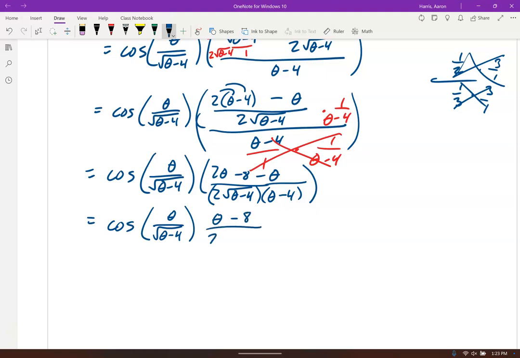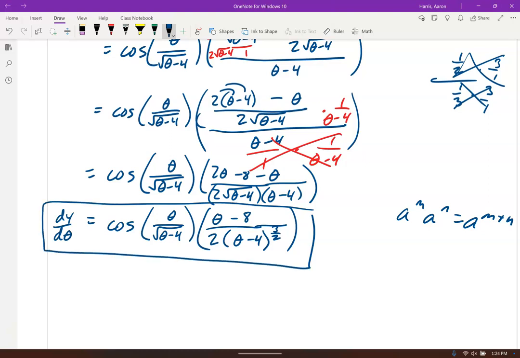And then I have a 2, and then theta minus 4 to the 1/2 times theta minus 4 to the 1. You know, a to the m times a to the n is a to the m plus n, right? So 1 plus 1/2 is 3/2. Call it good right there.